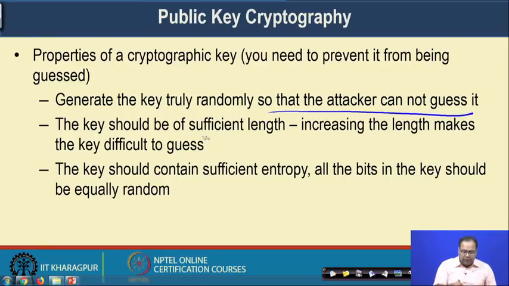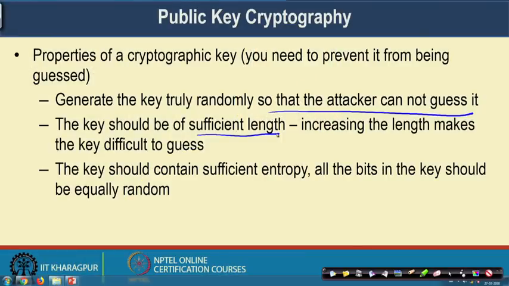Now, the key should be of sufficient length. The length of a key has a direct relation with the security of the encryption mechanism or encrypted text. If you increase the length, it makes the key more difficult to guess. So, a 2-bit key will be easier to guess compared to a 128-bit key.